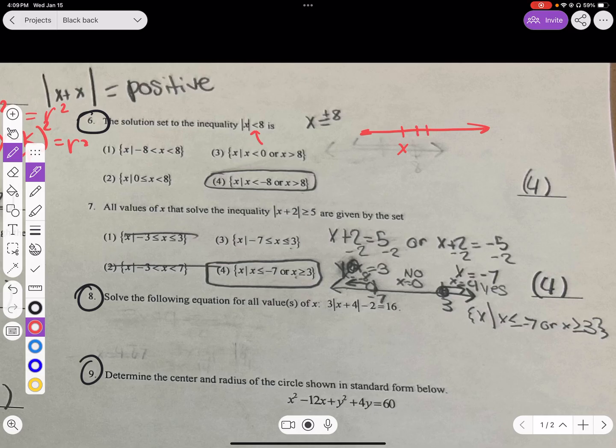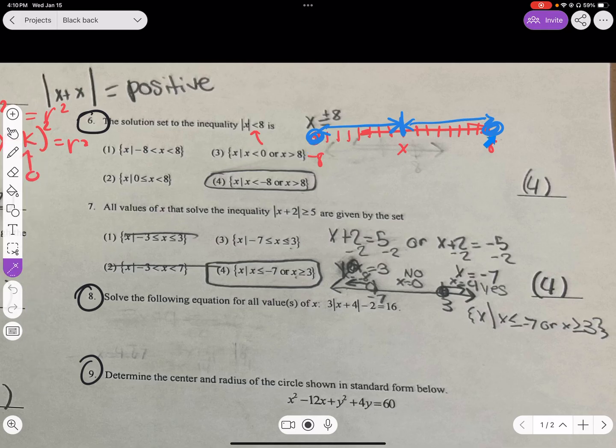So that kind of pins us down. 2, 3, 4, 5, 6, 7, 8. I could be over here, 6, 7, 8 over here. So if I'm here or here, I'm exactly 8 units away from the x, right there and right there.